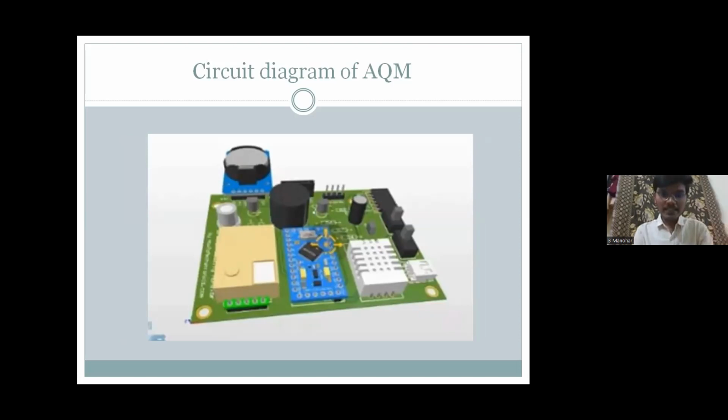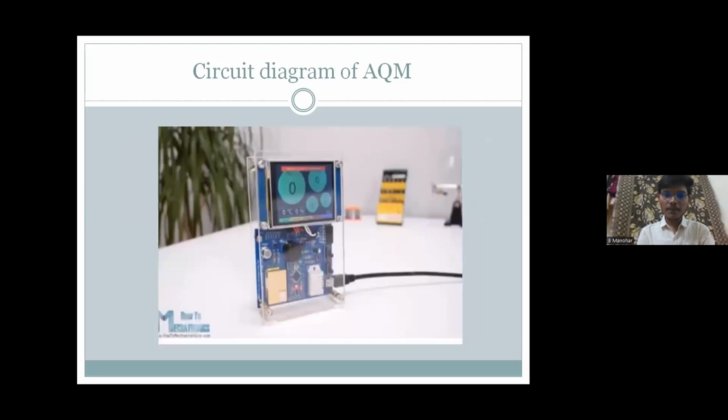Using a printed circuit board, I fabricated all the components on a board, and it can be easily movable. That means we can measure the air quality at any locality, and it is a simple air quality monitor that we have in the present market. And this is a USB cable. This can be used for charging or activating the air quality monitor.